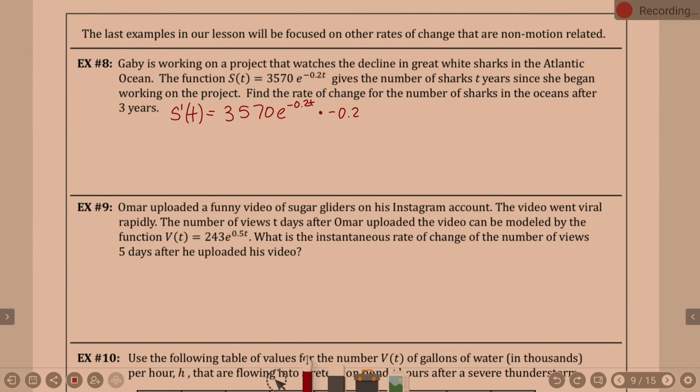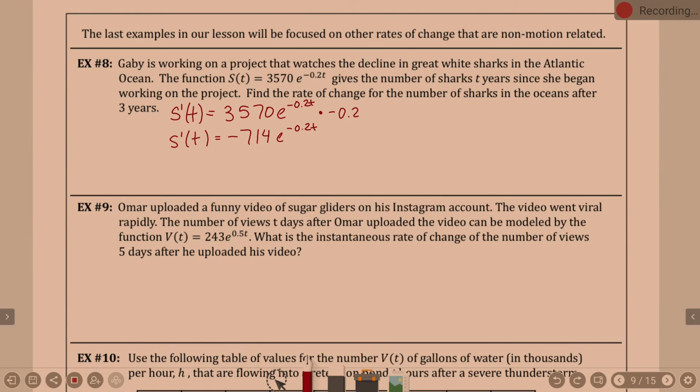Now, how can I clean this up? Multiply the negative 2/10 to 3570. That 3570 is just a coefficient, so it can be multiplied. Two times 357 is 714. So negative 714 e to the negative 2/10 t power.